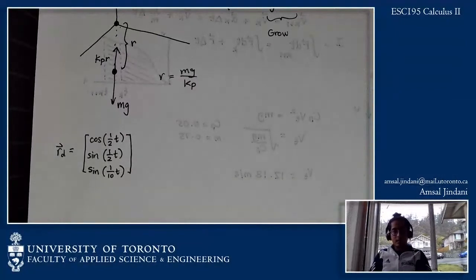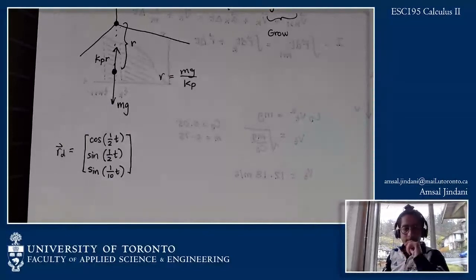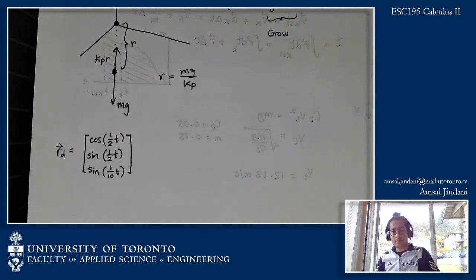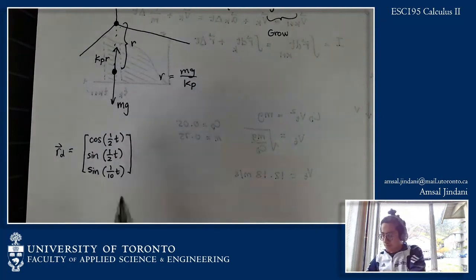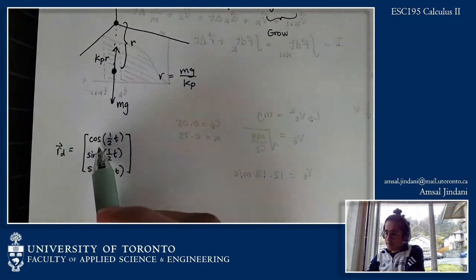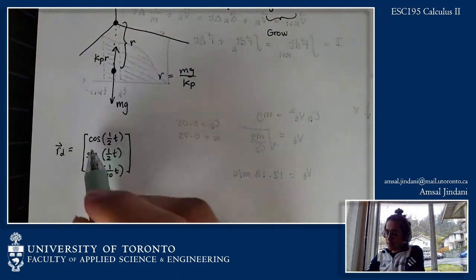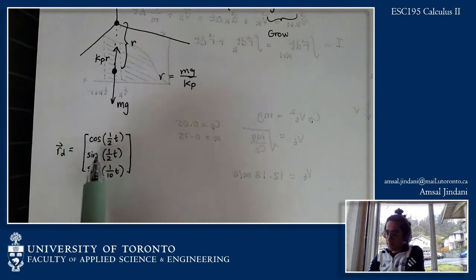So what kind of path is this in 3D space? Circular, yep. If you look at just the XY part, you'll see that it traces out a circle because this is a cosine and that's a sine. And in the Z direction, it's a sine term.